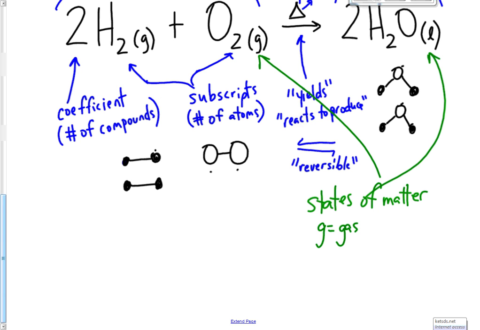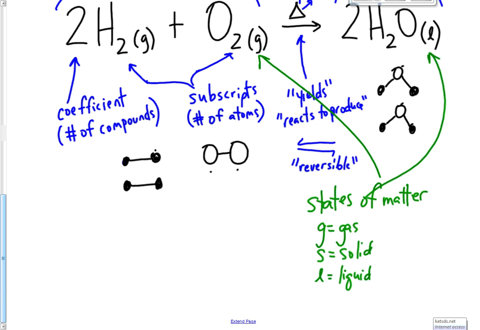So in this case, we have hydrogen gas and oxygen gas. S means solid. Lowercase l, and we use a lowercase cursive l so we don't confuse it with a 1, although we should never put a 1. That's a liquid, so we get liquid water out of this.